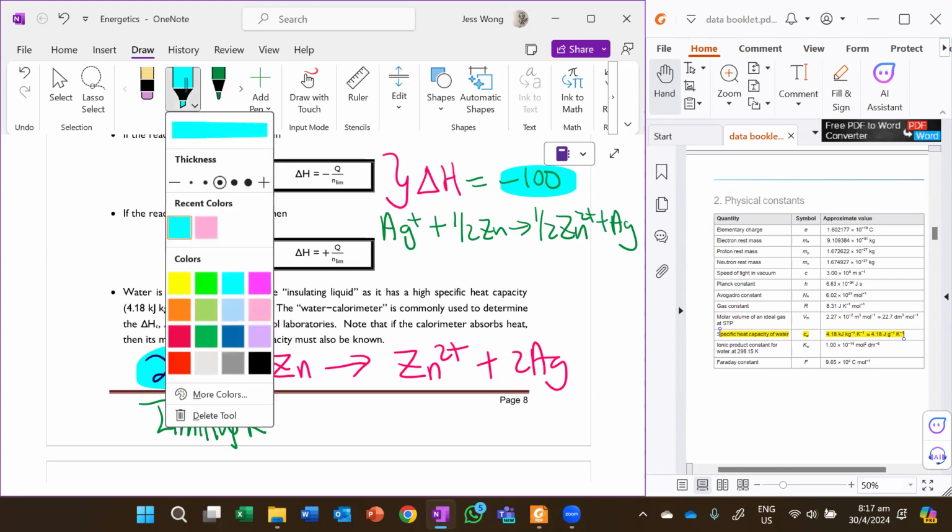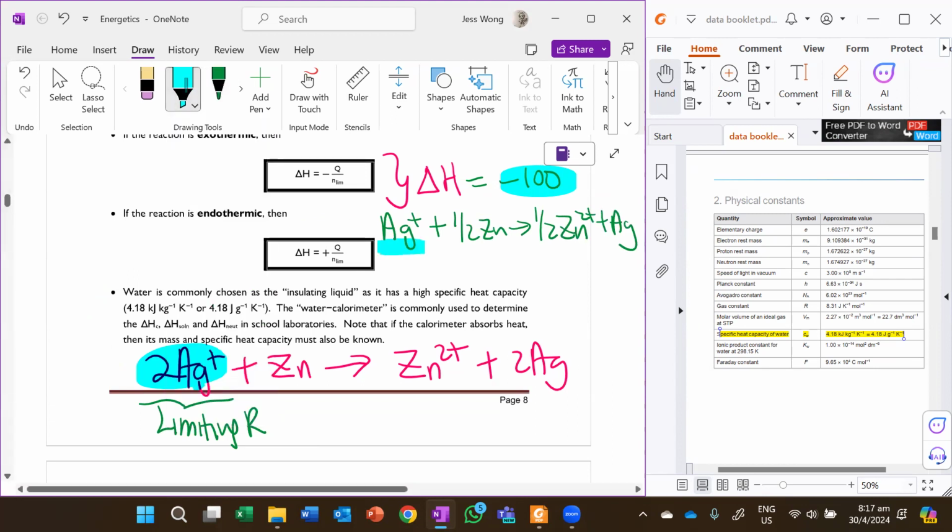So if the equation was written in this manner, based on 1 mole of my limiting reagent, if silver is the limiting reagent, and the equation is written based on 1 mole of limiting reagent, then yes, for this reaction the enthalpy change is minus 100. Remember, enthalpy change of reaction depends on how the equation is written.